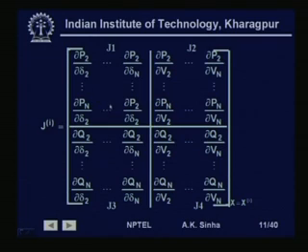Now, as I said earlier, the Jacobian matrix we have divided into 4 parts, J1, J2, J3, J4, where J1 is the del P by del delta submatrix, J2 is the del P by del V submatrix, J3 is the del Q by del delta submatrix, and J4 is the del Q by del V submatrix.